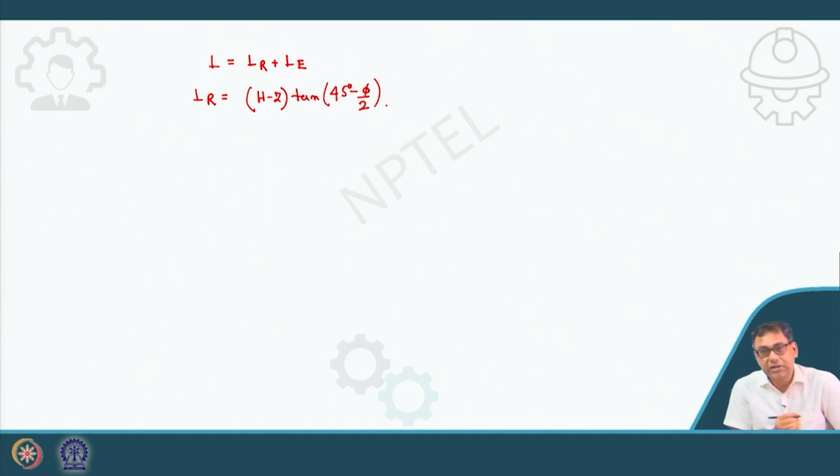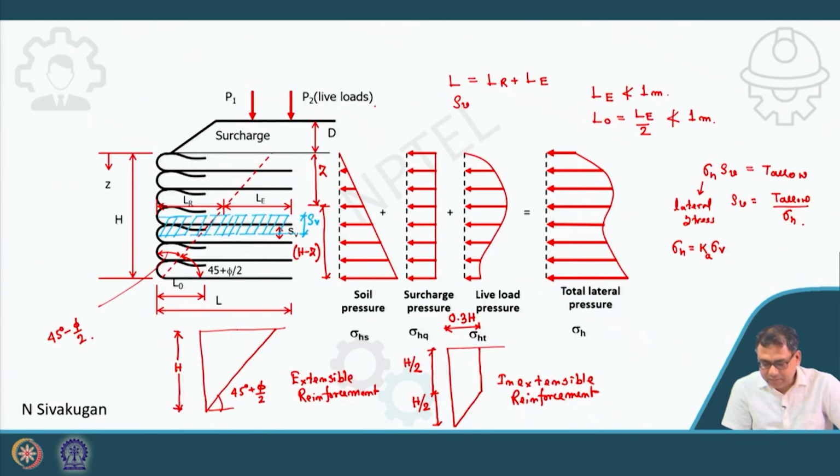Now, the question is LR. So, now I go back to that figure. So, LE. As I mentioned, there will be a pull in the reinforcement, that means tension will develop in the reinforcement, and the resistance will come from the friction between the soil and the reinforcement.